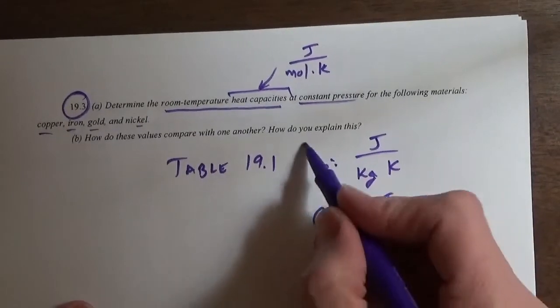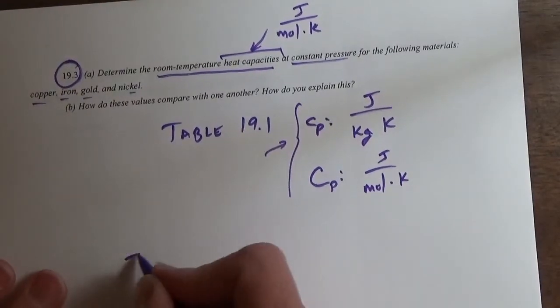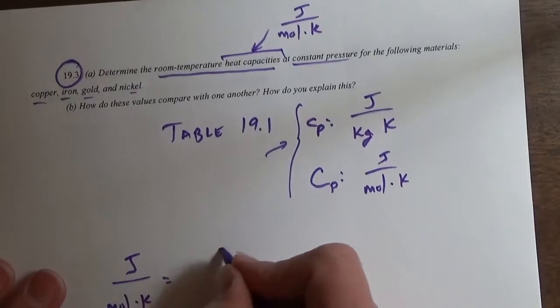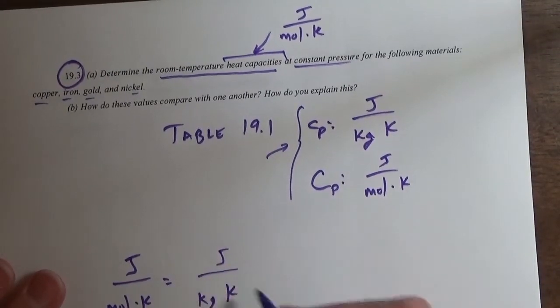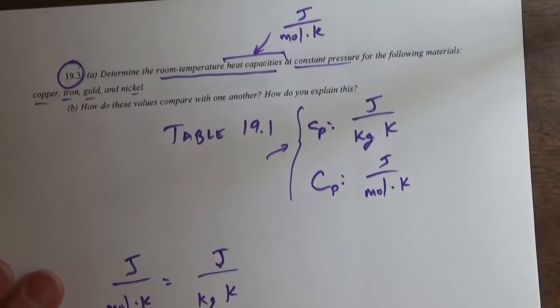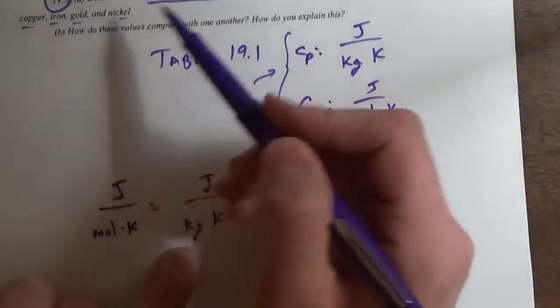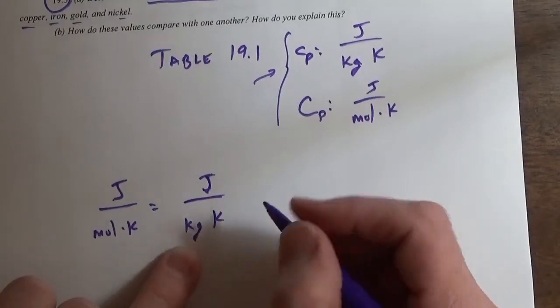So basically, we have to convert between these. We want joule per mole K, and we have joule per kilogram K, so we need to get rid of the kilogram, and for that we need the molecular weight of copper, iron, gold, and nickel, which we can get from a table in your textbook.